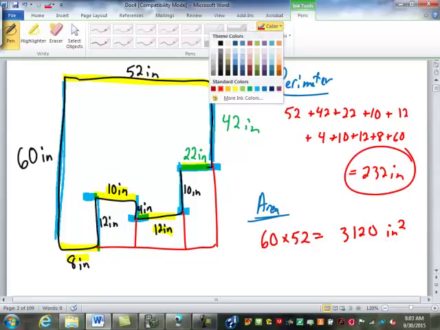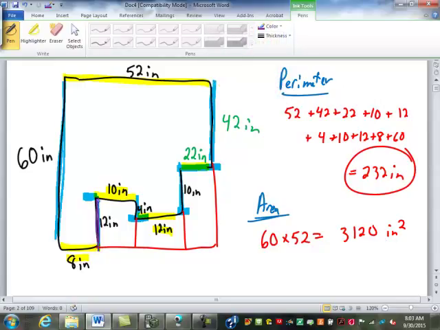Then I'm going to subtract out. This one's going to be 12 by 10, which is 120. This one here is going to be 12 minus 4 is going to be 8, which will make it 96. And this one's going to be 22 by 10 plus 8 is 18.